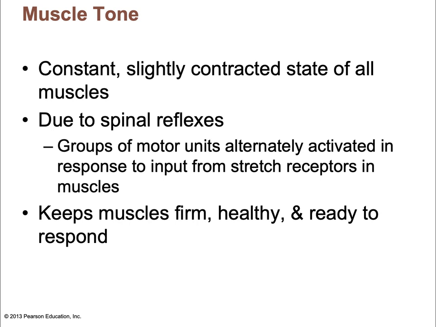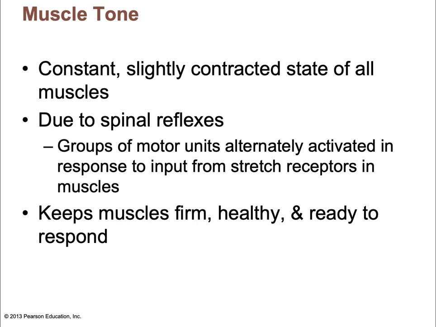So if the muscle gets overstretched, receptors inside the muscle called spindle fibers will sense that and send a signal to the spinal cord to talk to a motor neuron that tells that muscle fiber to contract in order to oppose the stretch, right?